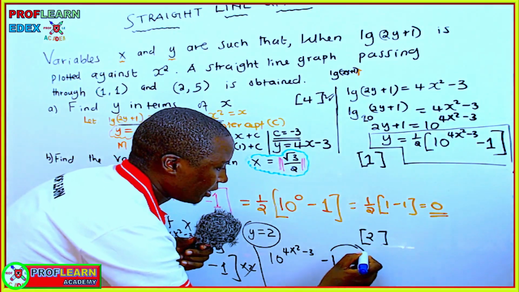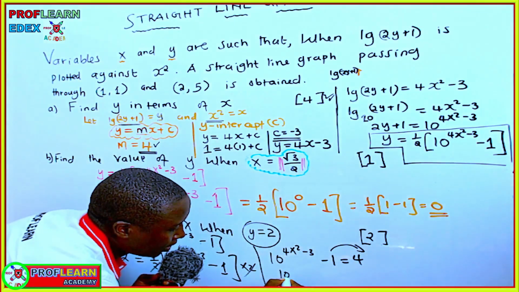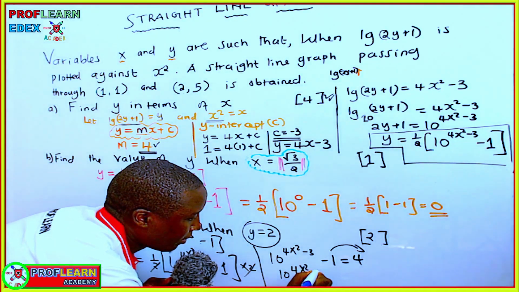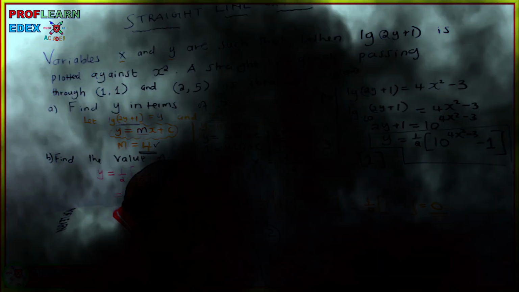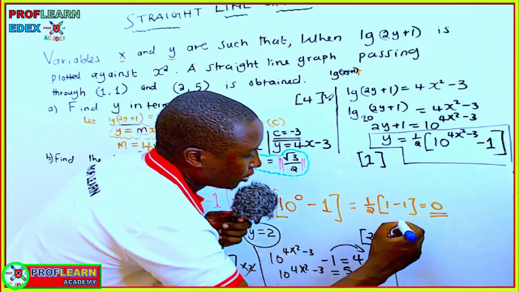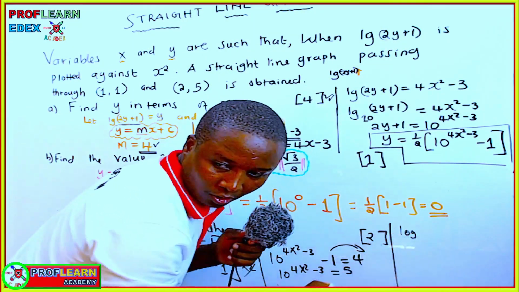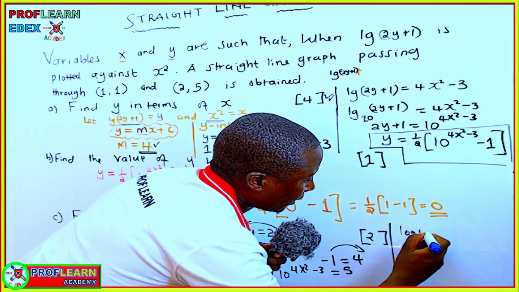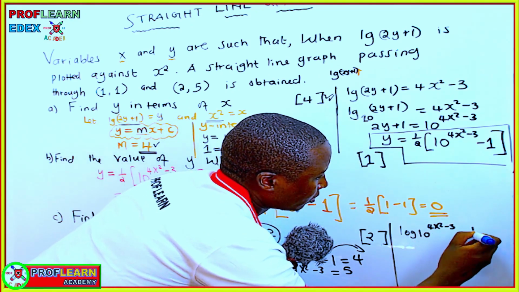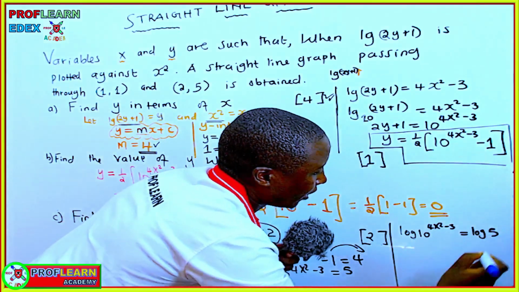Then I'll take this 1 to the other side. I remain with 10 raised to 4x squared minus 3 is equal to 5. So I'm going to introduce log both sides. I'm going to have log of 10 raised to 4x squared minus 3 is equal to log 5.